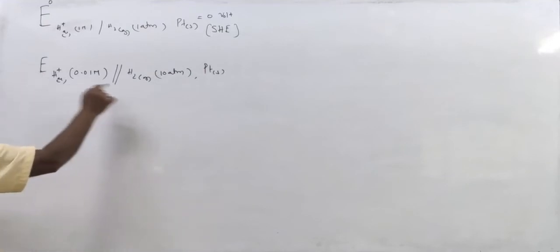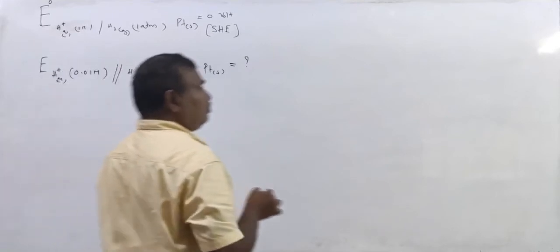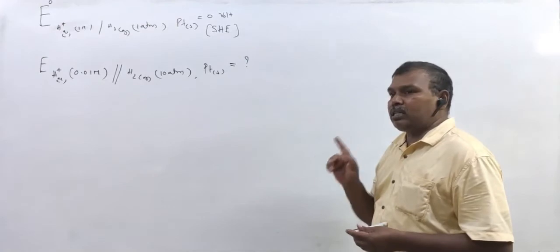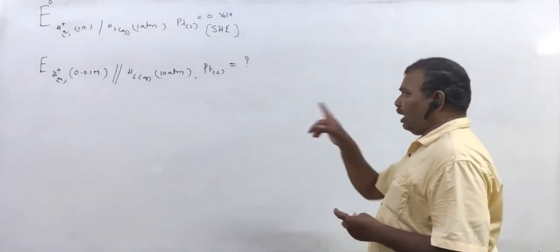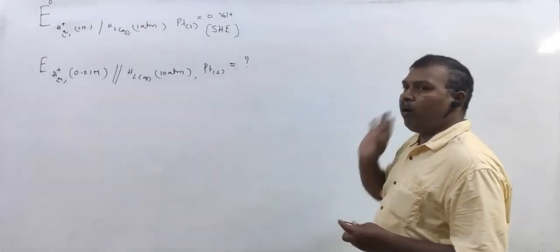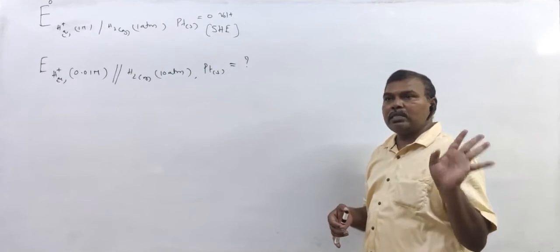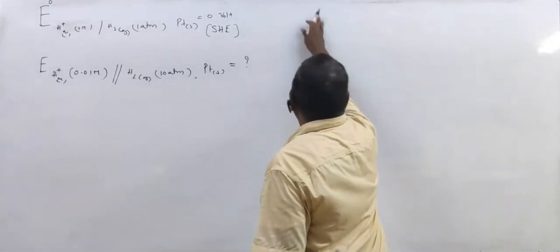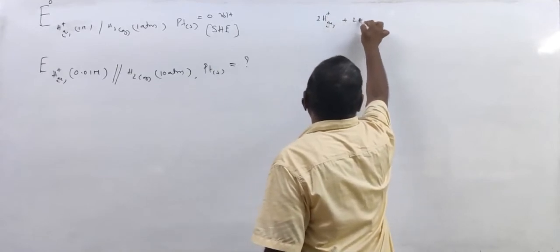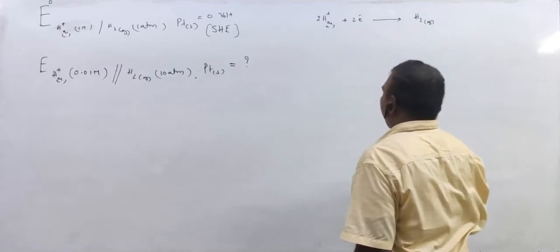Now, what is the electrode potential of this electrode? Electrolyte is not at standard state. Electrode is also not at standard state. Then how to find the electrode potential? Simply by applying the Nernst equation. See, 2H plus aqueous plus 2 electrons gives rise to H2 gas.